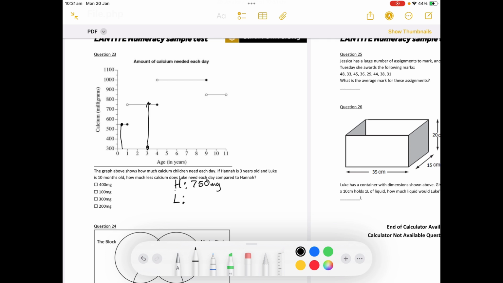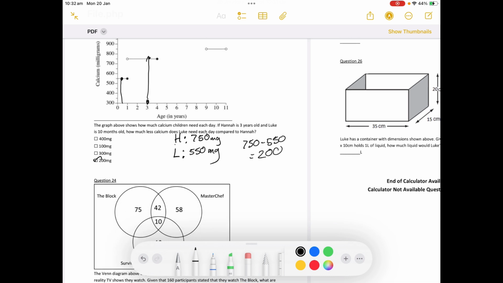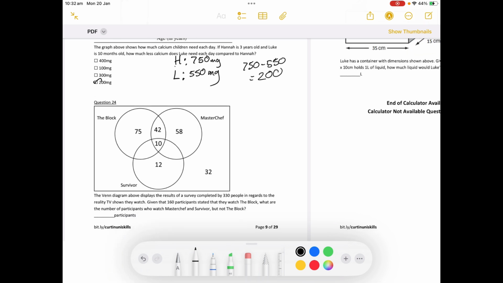All right, so that means Luke needs 550 milligrams per day. Let's work out the difference. That's going to be 750 minus 550, which is going to be 200 milligrams. So Luke needs 200 milligrams less.